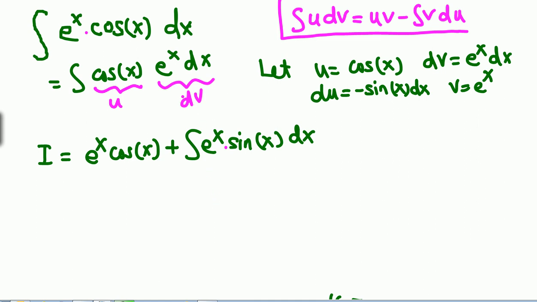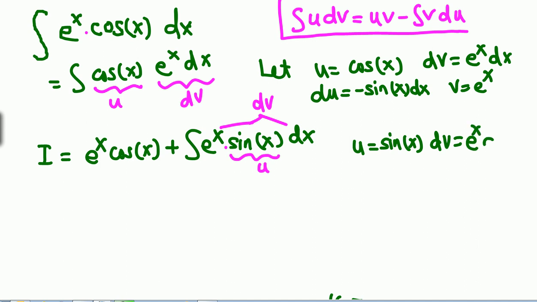Make sure, hold on, u is cosine x, a trig function, so in this case u should be sine x, and the remaining, e^x dx, to be dv. So for this part, u is sine x and dv is e^x dx.